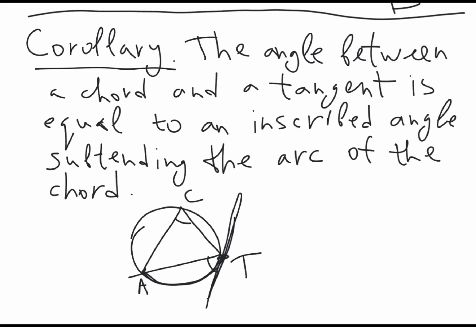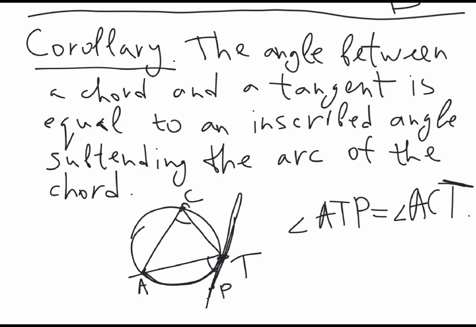So this would be point C. Basically the angle ATP is equal to the angle ACT, and C can be any point on the circle. So this angle would be the same, this angle would be the same, and so on.